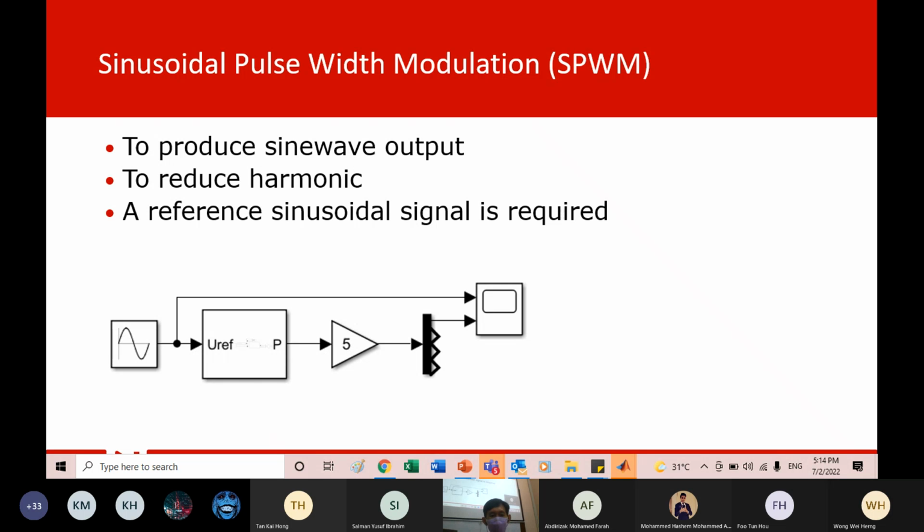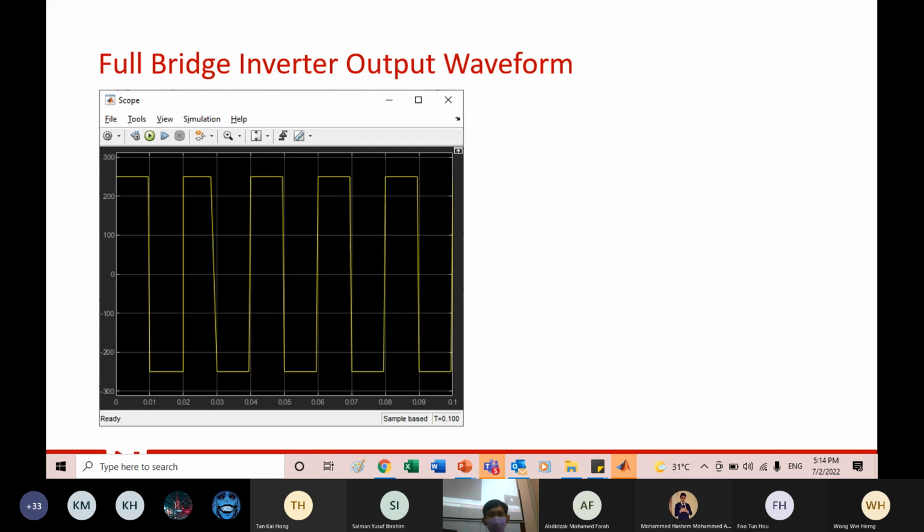Okay, today we will move on to this SPWM. Like I said, the problem with the conventional, traditional DC to AC is that they produce a square wave. The problem with a square wave is that it has a very high total harmonic distortion, which is near 50%, which is very, very high.